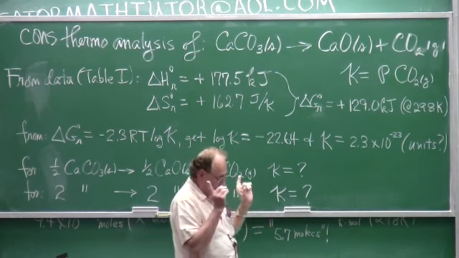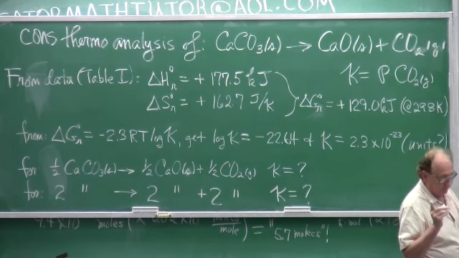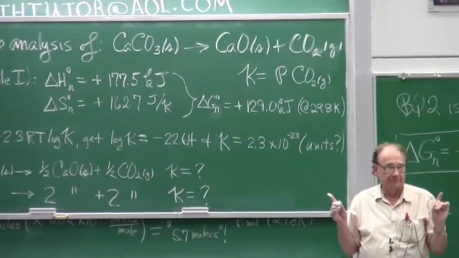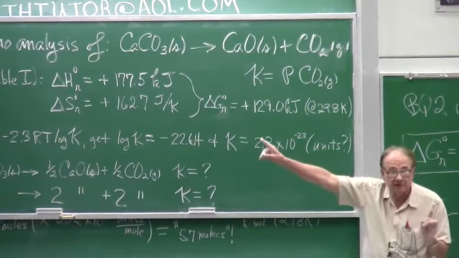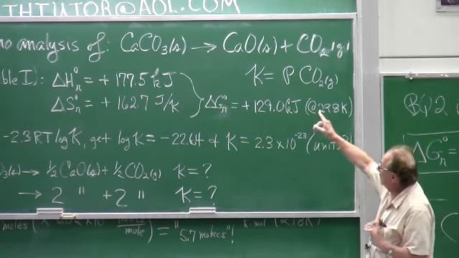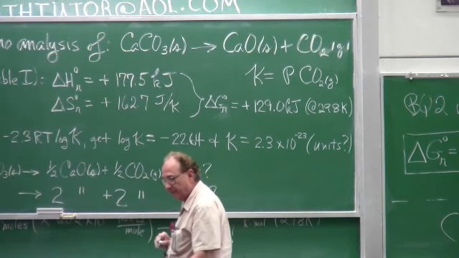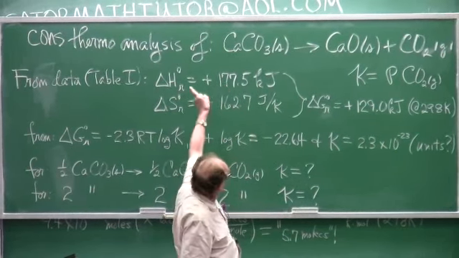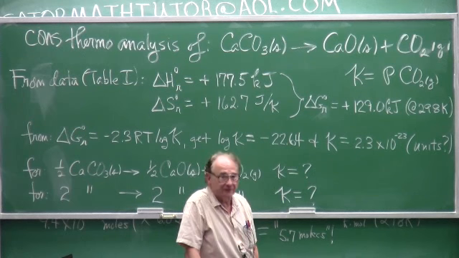But if instead we consider a system which initially, for these components, has got calcium carbonate only and no calcium oxide and no CO2, would something happen? Yep. Then this thing is going to go spontaneously until equilibrium is established.